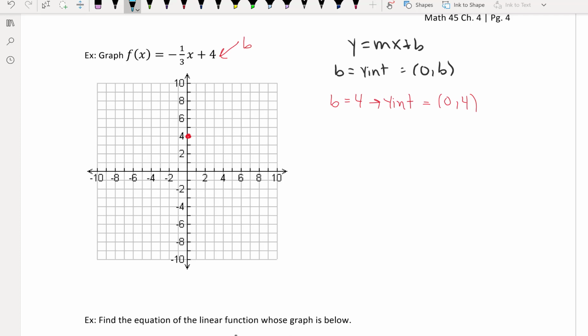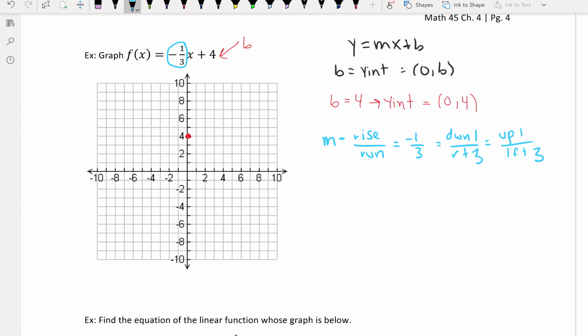The next thing that I have is my m. That's going to be my rise over my run. So here, my slope is a negative 1/3. So that means since it's negative, I'm going to go down 1 and to the right 3. I could also go up 1 and left 3.